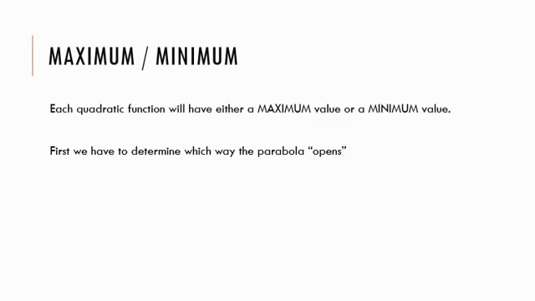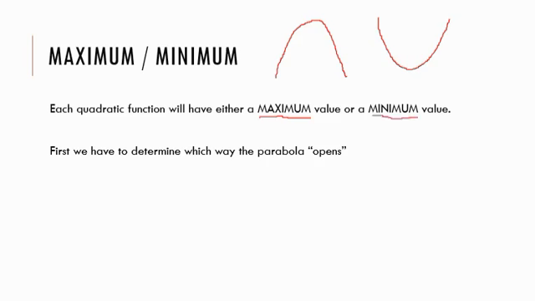And last but not least, we're going to talk about maximum and minimum. So there on the graphs, since the parabola is either going to go up and stop and then come back down, or it's going to go down and stop and come back up, that leaves us with a maximum value or a minimum value.